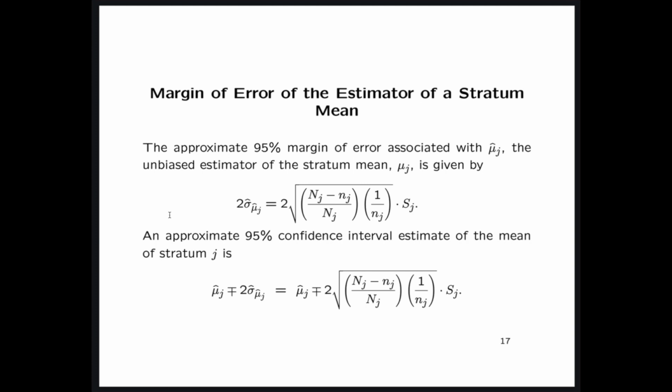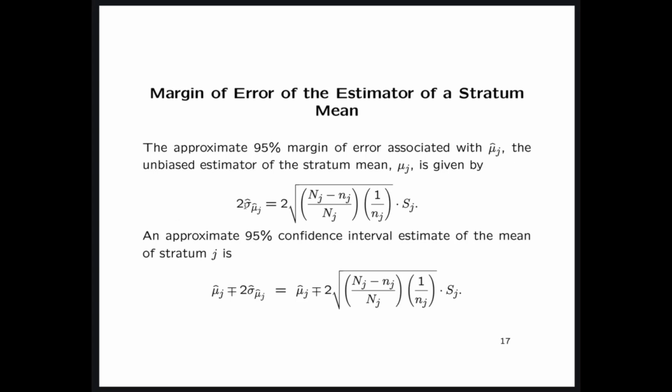Now, once we have the estimated standard error of mu hat sub j, then we can compute the estimated approximate 95% margin of error of the estimator of the stratum mean. That's quite a mouthful, isn't it? The estimated approximate 95% margin of error associated with mu hat sub j.